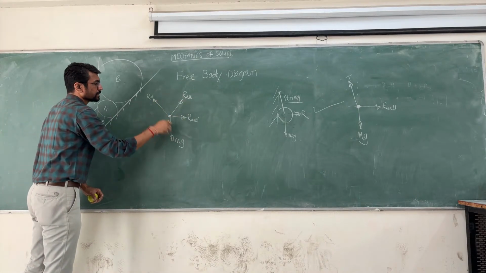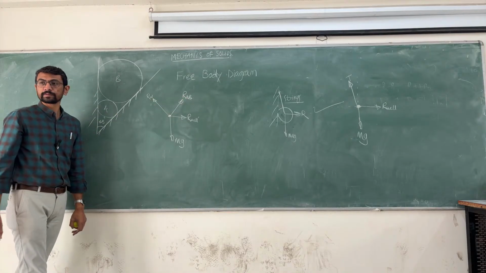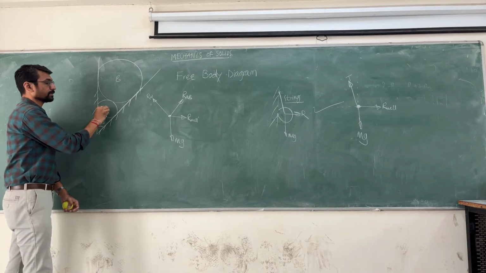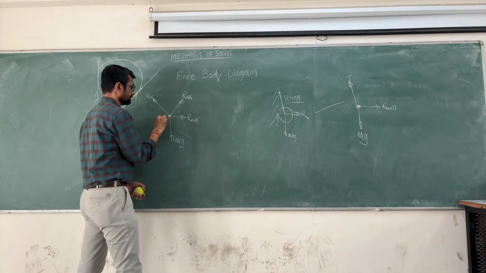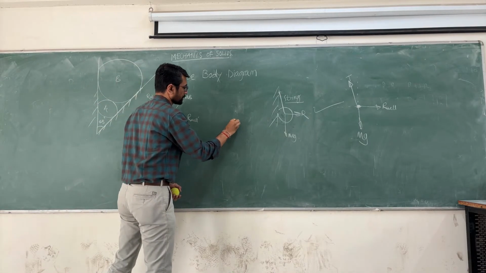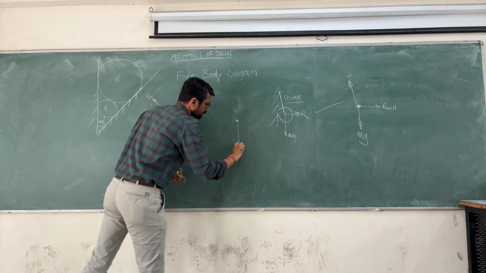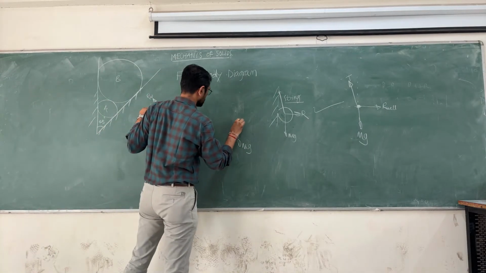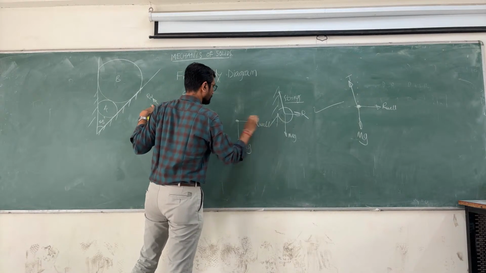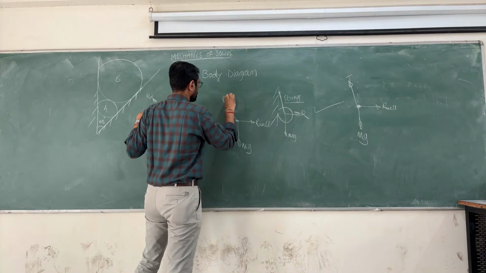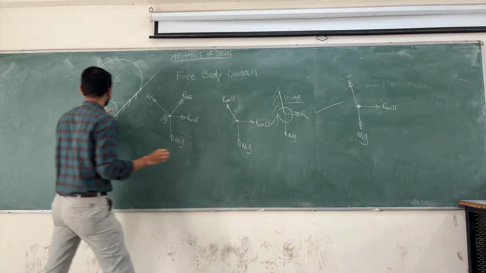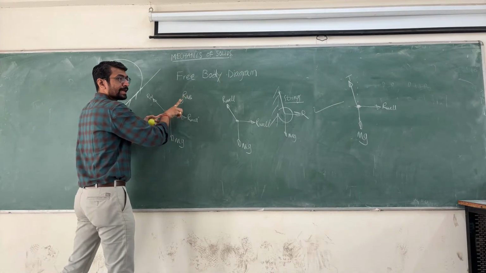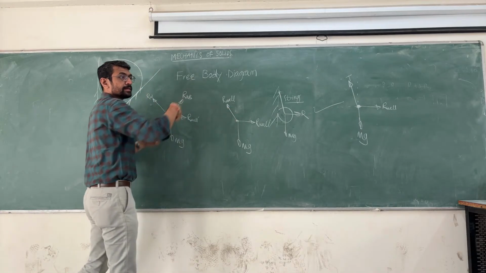If any one of these varies, the system may go out of equilibrium. Is it understood? Now the free body diagram of A. mg, this will come, same as in this one. Did you understand? What is R_AB here will be R_BA there, they will be the same.